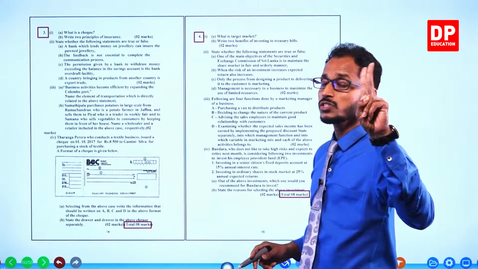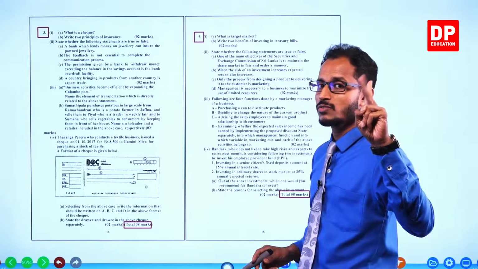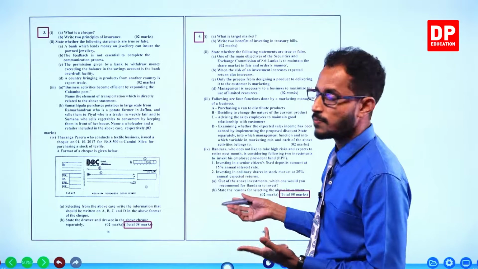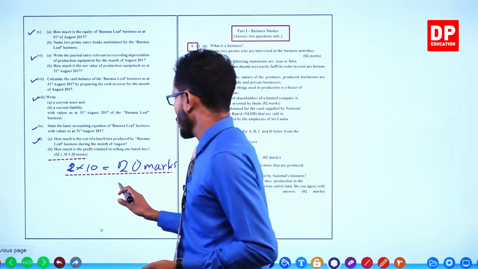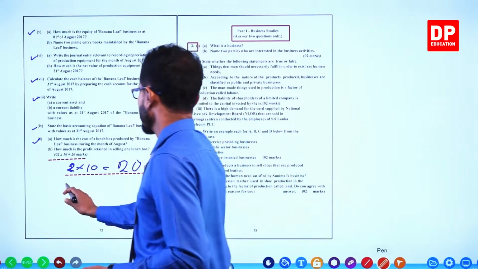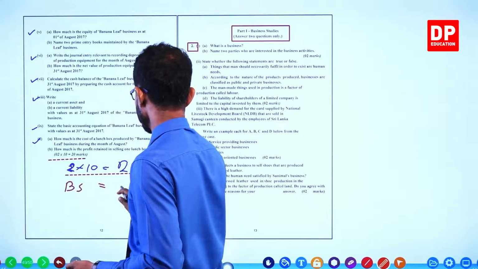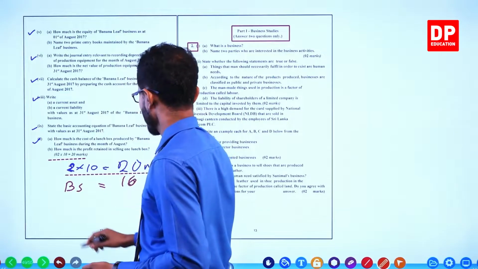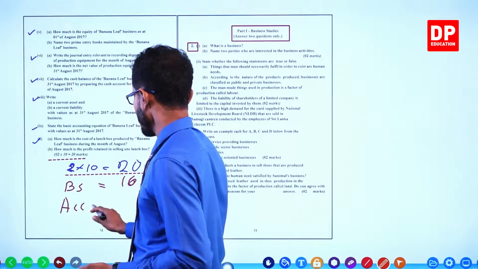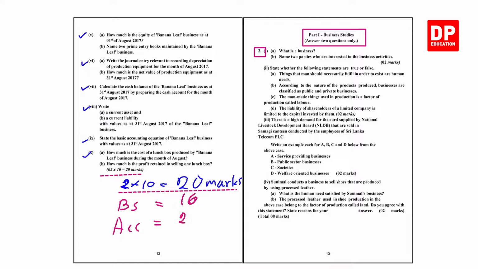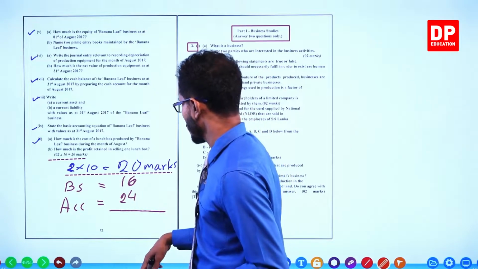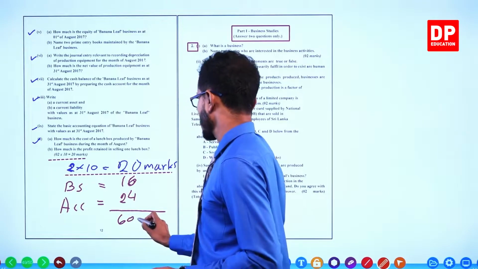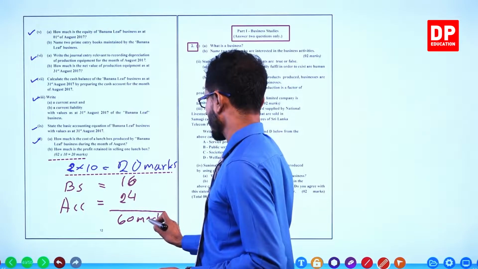For the accounting, 2 questions, 12 plus 12, 24. Altogether, for this paper, you get 60 marks total.